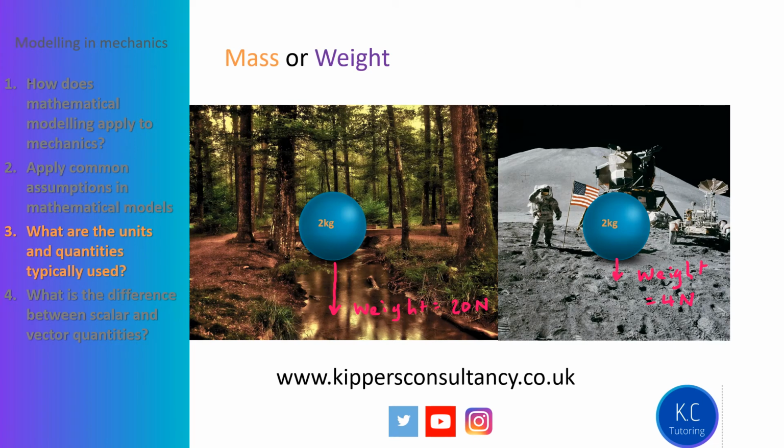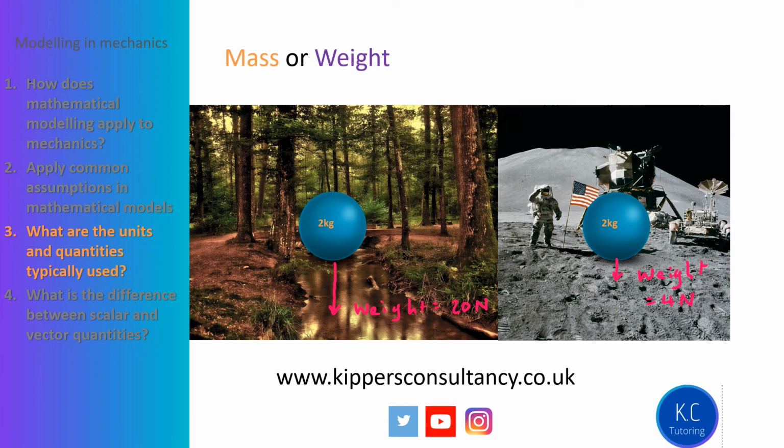Mass and weight are frequently confused. There is a difference. The mass of a body is how much matter it contains. The weight of a body is a measure of the force the body produces when in a gravitational force field. The mass of the body is unchanged regardless of where it is in the universe.